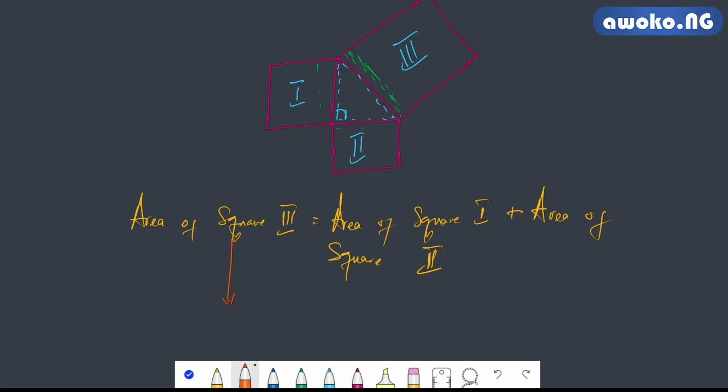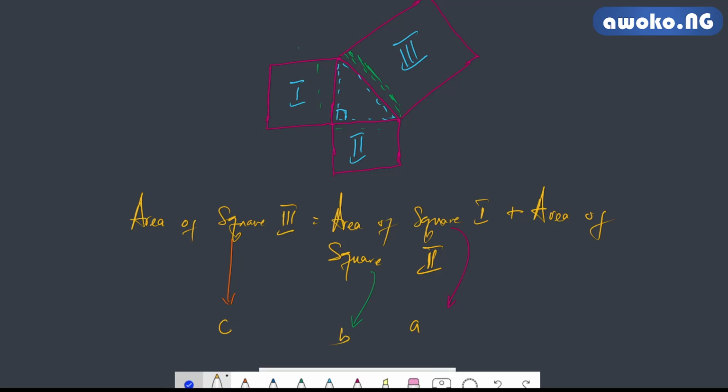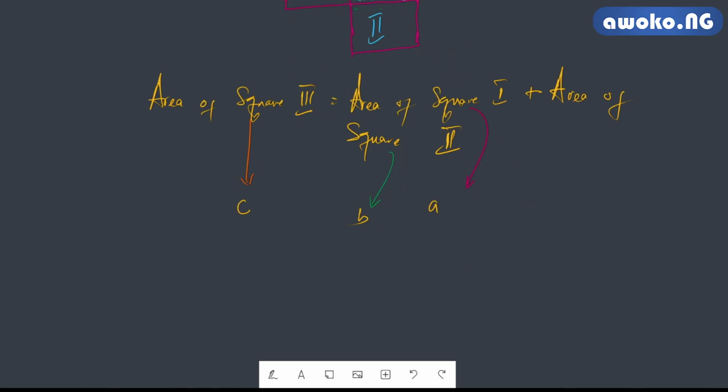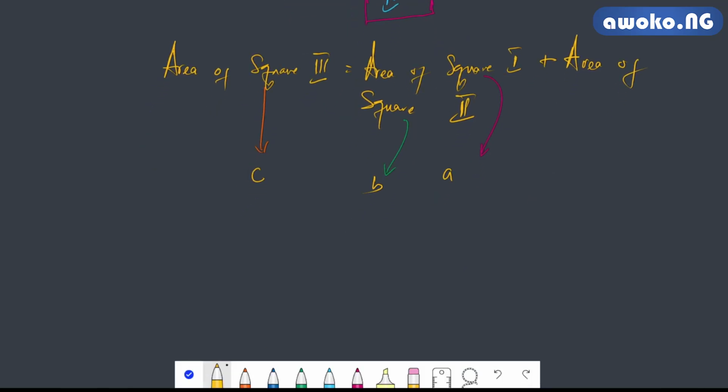Let's call this one C because it is square 3. While the area of square 1, let's call it A, and the area of square 2, let's call it B. So by Pythagoras' theorem, C squared equals A squared plus B squared.